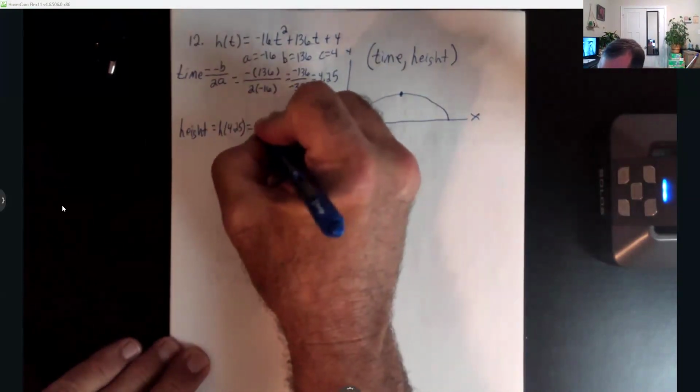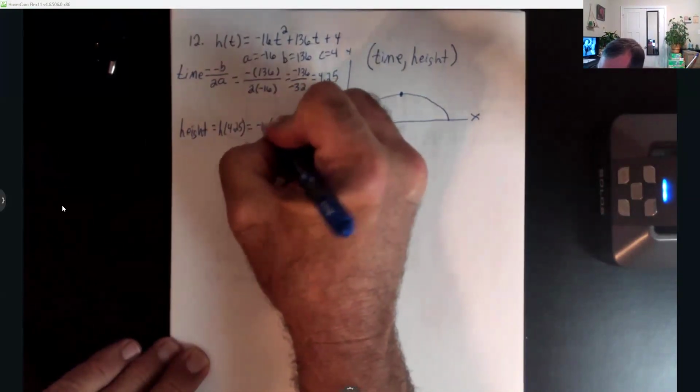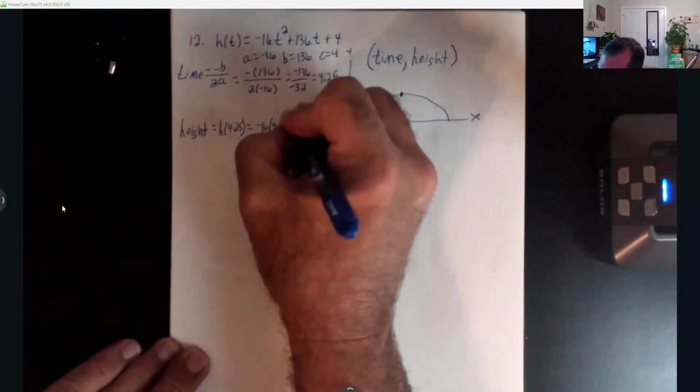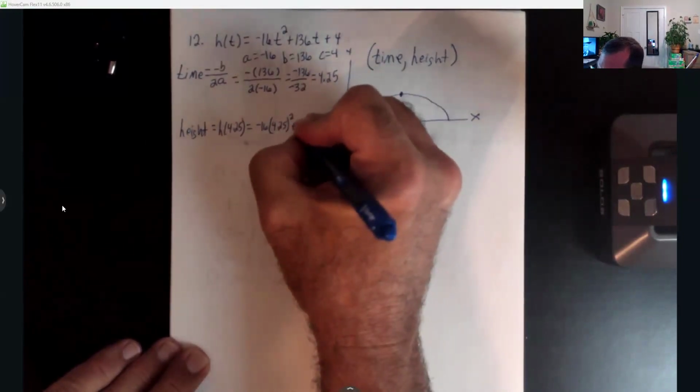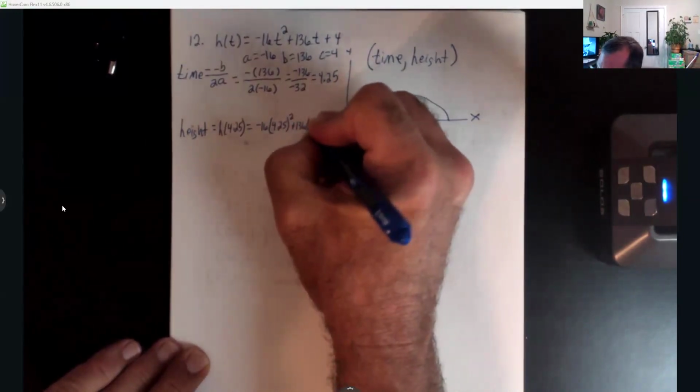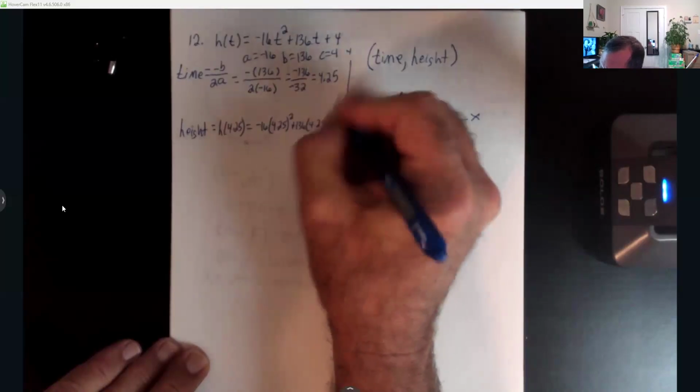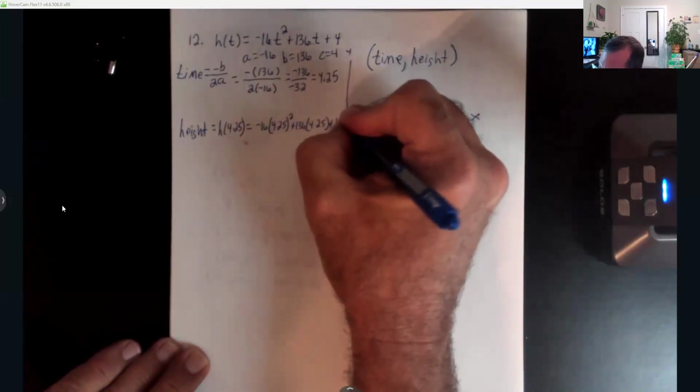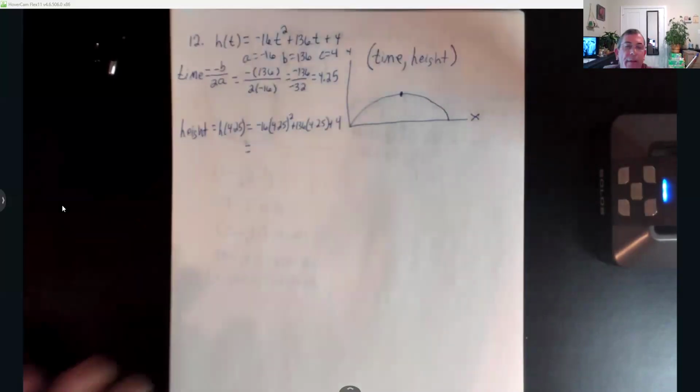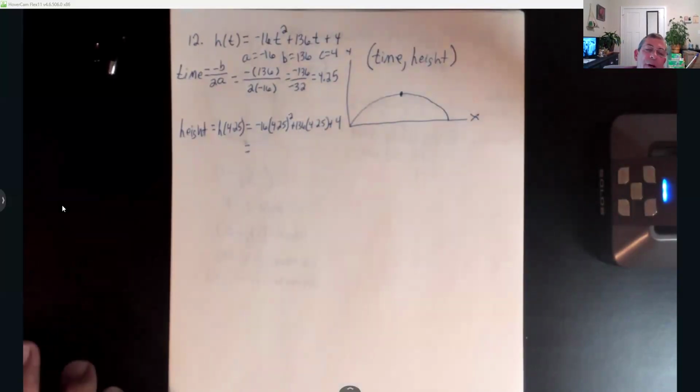So I got negative 16 times 4.25 squared plus 136 times 4.25 and then plus my 4. See, all decimals are fun, but I'm going to use my calculator on those. I'm just going to punch this in just like it looks on my calculator.